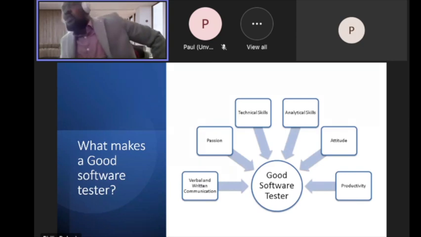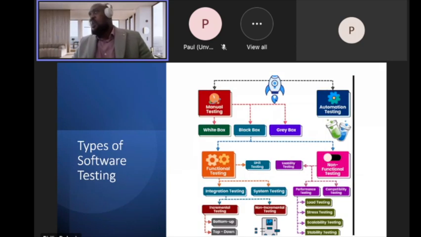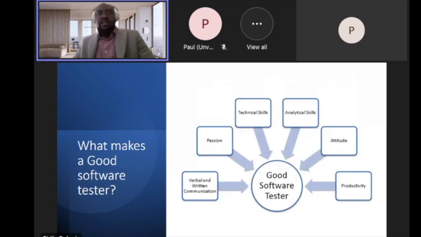Oh, sorry, my slide is moving. So what makes a good software tester? I got this to explain that you should have good verbal and written communication.